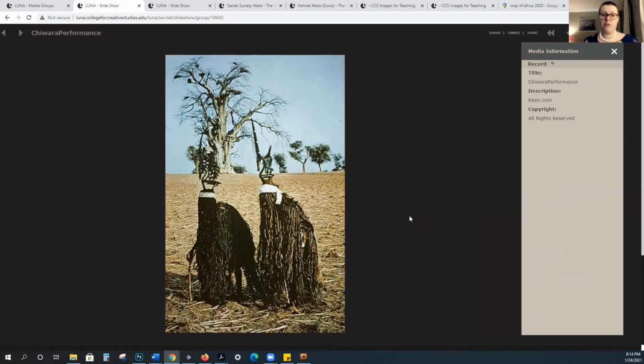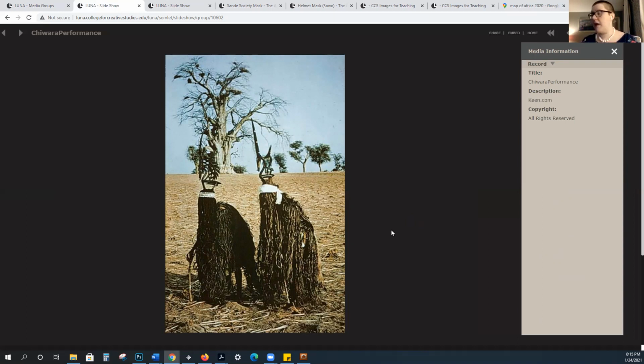They're feared and respected. They make metal tools and weapons, but they also create the religious objects that we're going to see. And they are actually quite feared because of this level of power that they have because of their knowledge. So what we're looking at, first of all, is the Chawara crest mask.